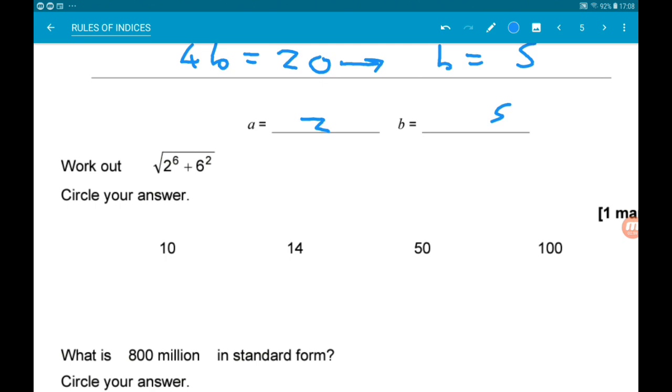Okay, next up, we want to work out the square root of 2 to the power 6, add 6 to the power 2.